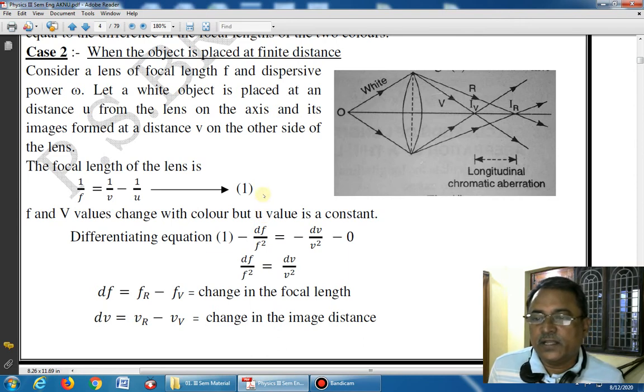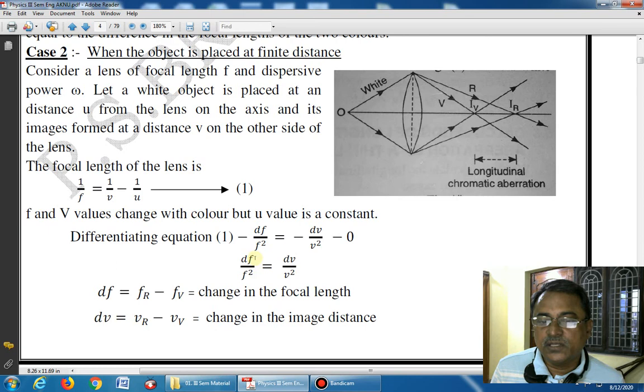Differentiating equation 1, we get −1/f − df/f² = −dv/v² − 0, because the differential of u, that is constant, is 0. Cancelling the negative signs, df/f² = dv/v².